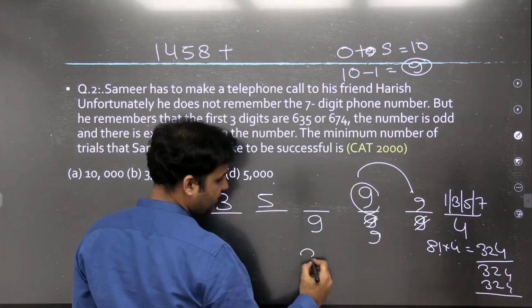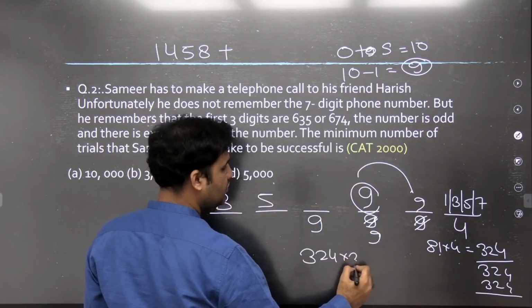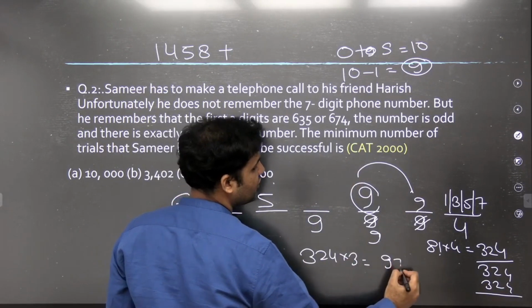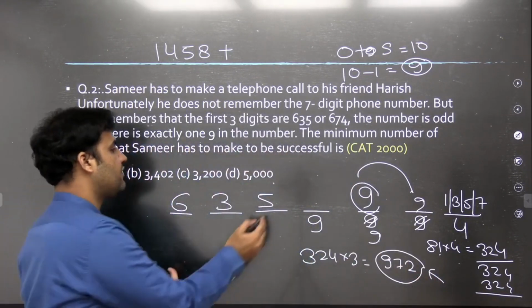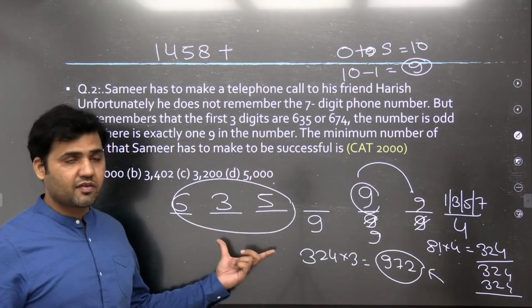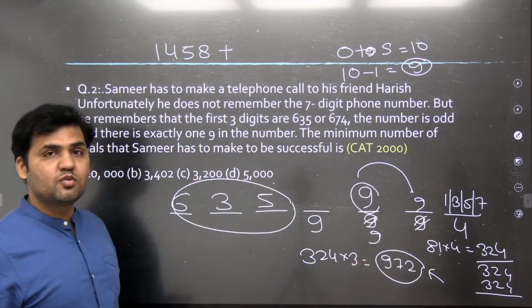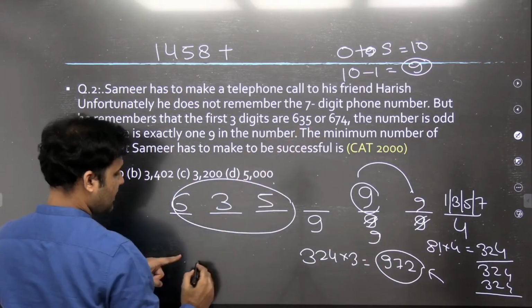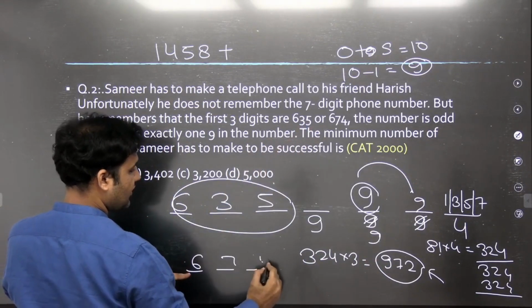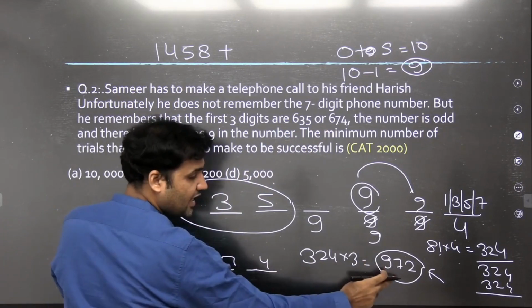So that means 324 into 3, which is 972 numbers are possible if you are going for the first 3 digits as 635. And the same 972 more tries will happen when the first three digits are changed to 674.